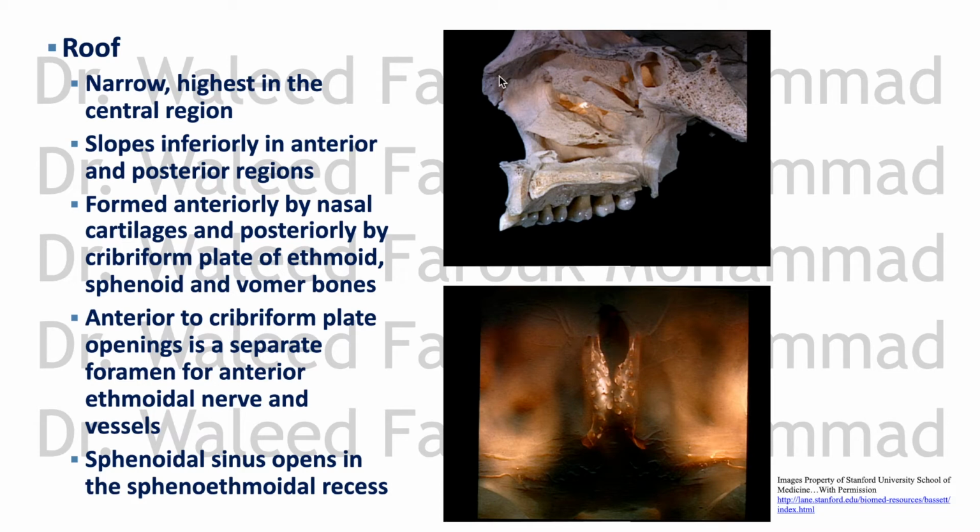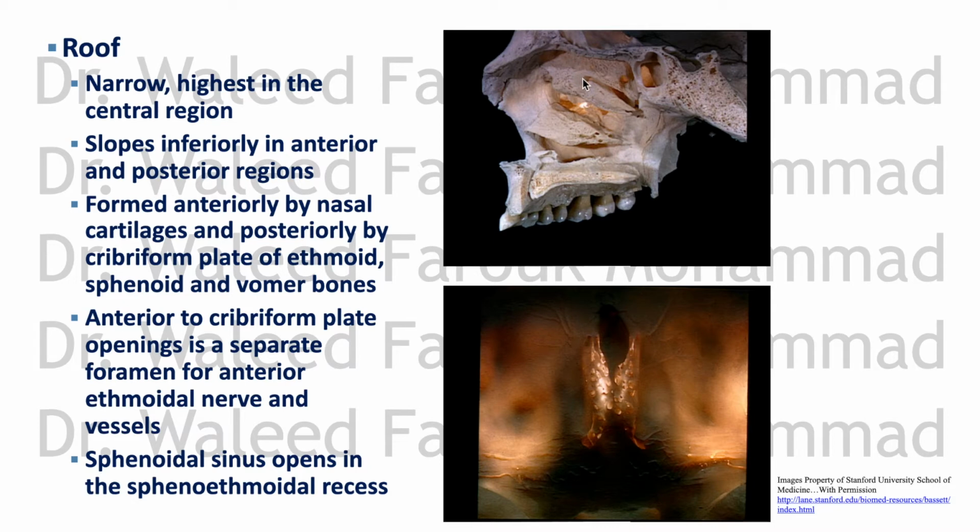The roof continues, of course, into the external nose and is formed by cartilage, and posteriorly by the cribriform plate and the sphenoid bone. Now, anterior to the cribriform plate, plus the fenestrations in the plate, you will find a special foramen for the anterior ethmoidal nerve and vessels. This is different than the foramen cecum we're going to talk about later.